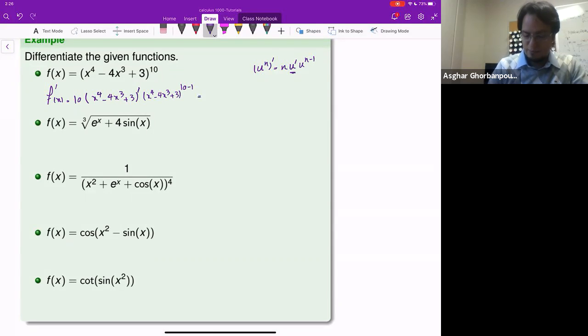So that will give me 10 times the derivative of this polynomial, which is 4x cubed minus 12x squared plus 0, times minus 4x cubed plus 3 to the power 9.